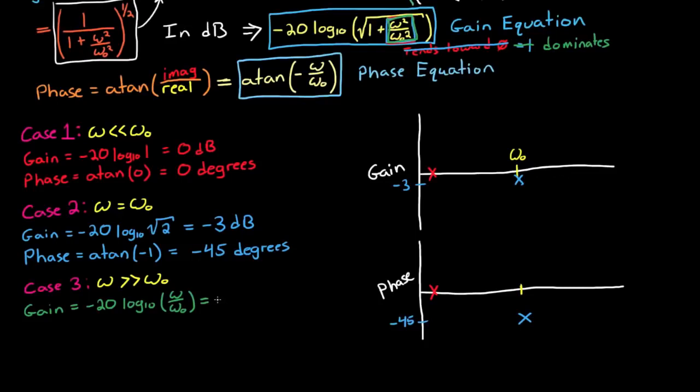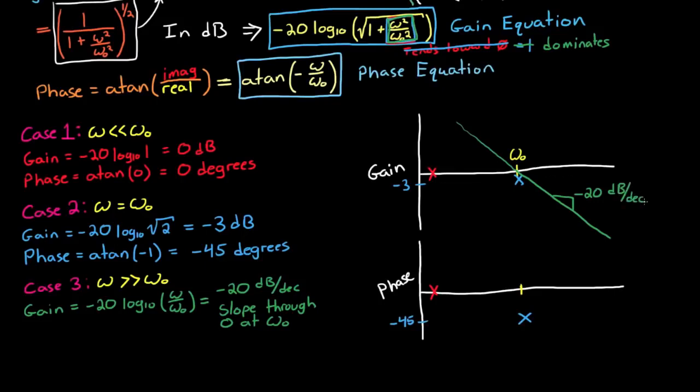So at this point, every time omega gets 10 times bigger, the gain drops by minus 20 dB. So we can say that this produces a line with slope of minus 20 dB per decade that intercepts the 0 dB line at omega naught. So I can just write this in here, which is this green line at minus 20 dB per decade.